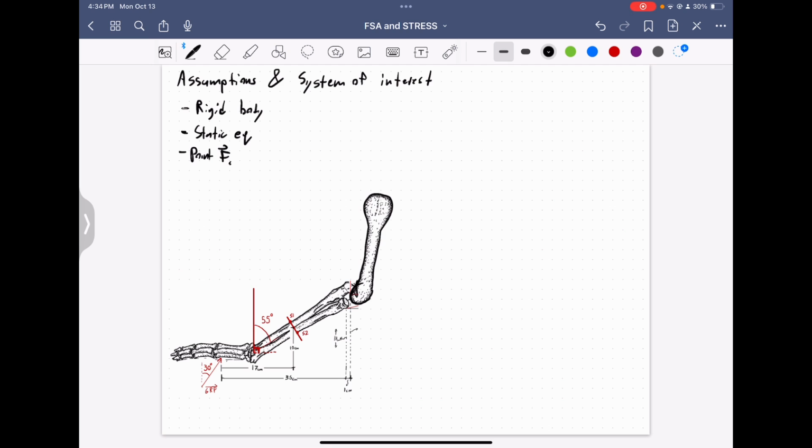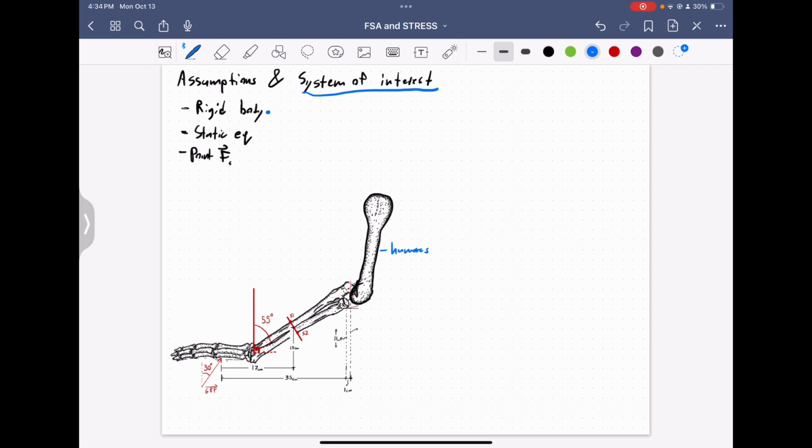But first, we need to define a system of interest. These problems are nice because they give us the free body diagram, and we know we want this S1 and S2 as a system of interest. But I wanted to go over and explain why and how we're going to choose that system of interest. So we know with that first assumption, rigid body, if we assume this whole arm, this is the humerus, so arm bone, right?